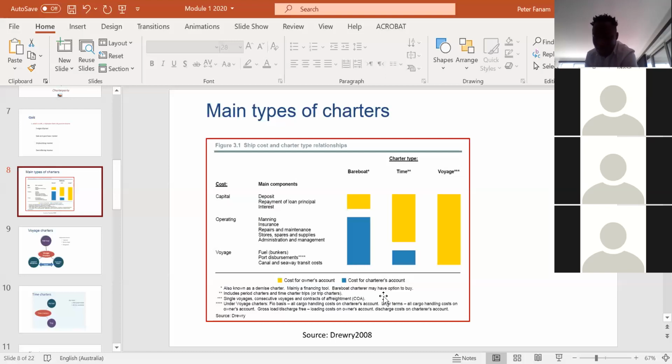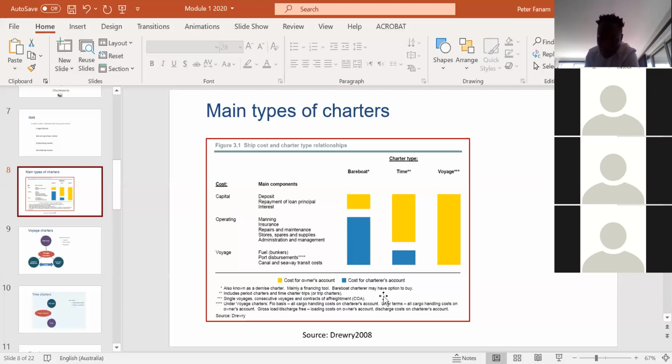And then the third one is the bareboat, which sometimes they also refer to as a demise charter. The name bareboat says it: the bare ship is delivered to the charterer, and the charterer takes responsibility of the vessel. The only cost that the ship owner pays is the capital cost, the cost of investing into the vessel, and paying the interest on the loan, that is it.